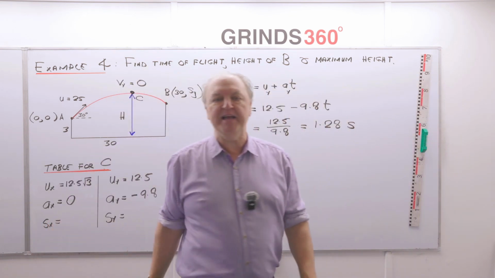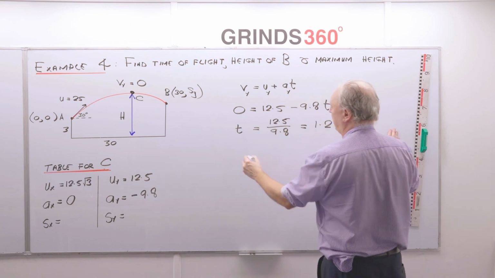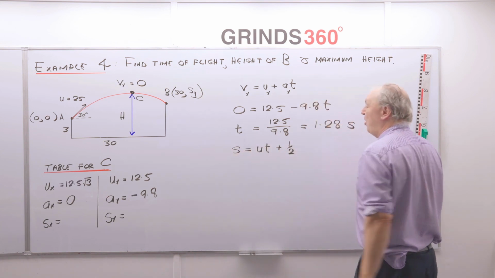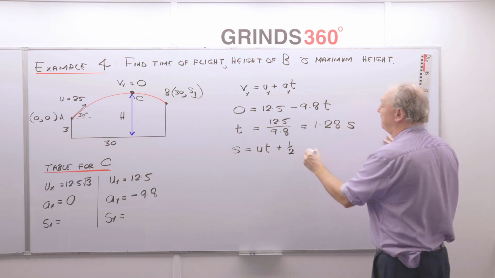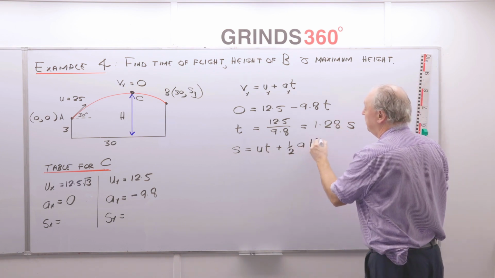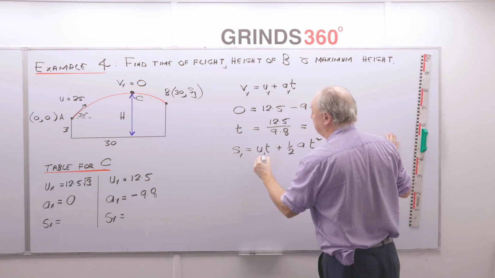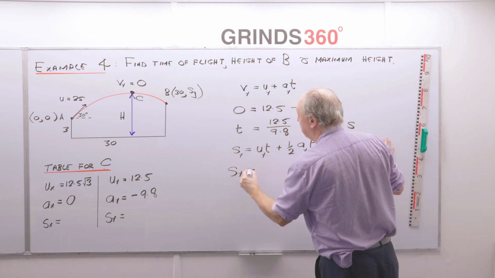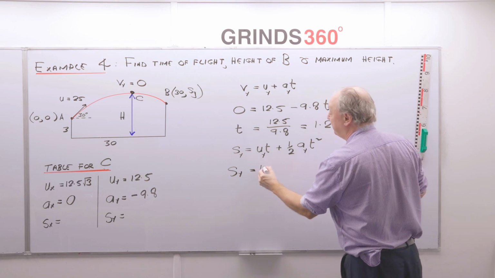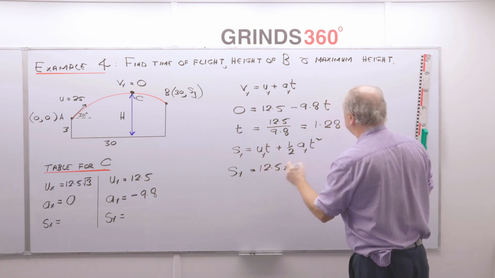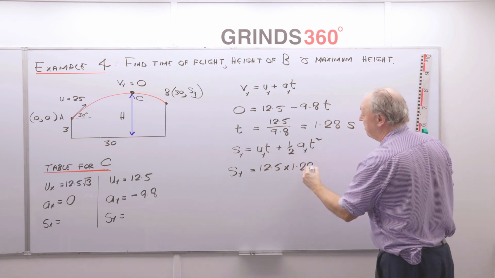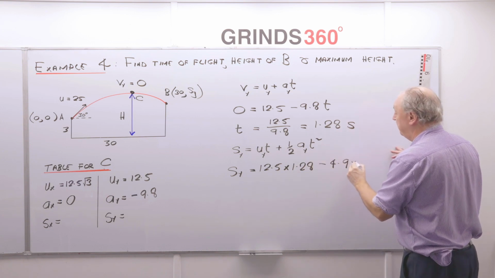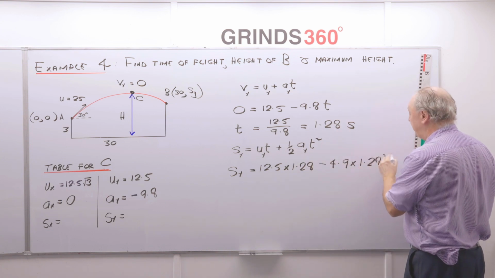And now I want to find the distance in the y direction. So I'm writing down s equals ut plus a half at squared. How high does it go after a time of 1.28 seconds? We're applying that in the y direction. So sy is equal to uy, 12.5, times time 1.28, plus a half ay, you know what that is, minus 4.9, times t squared, 1.28 squared.